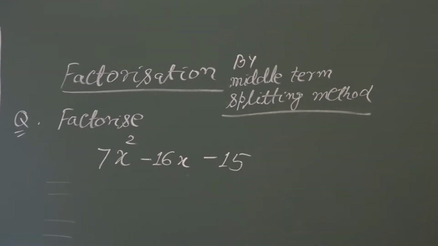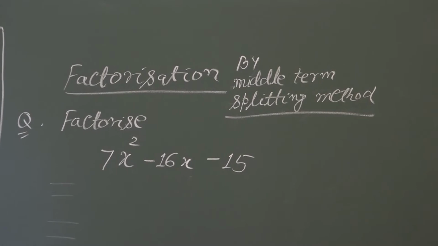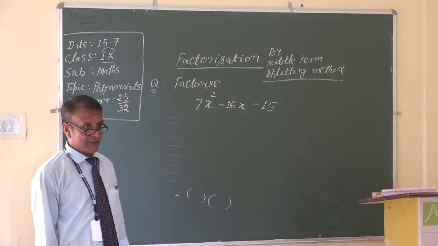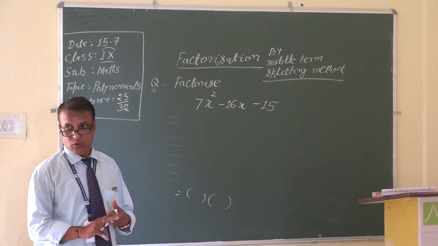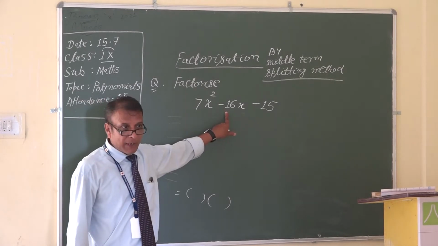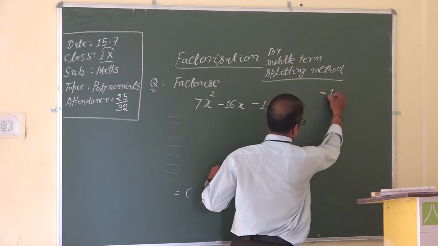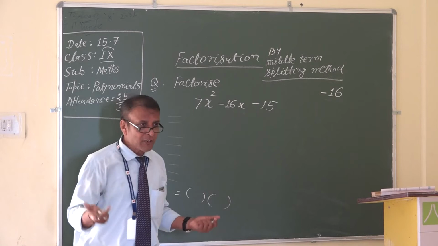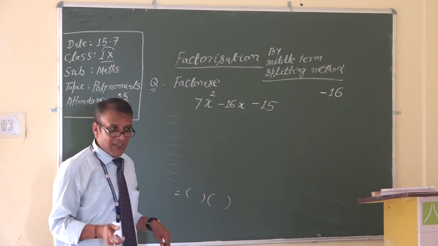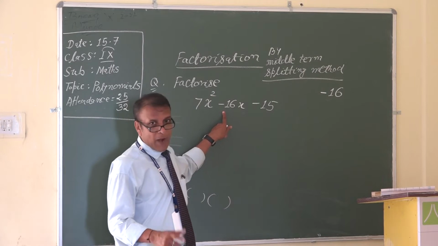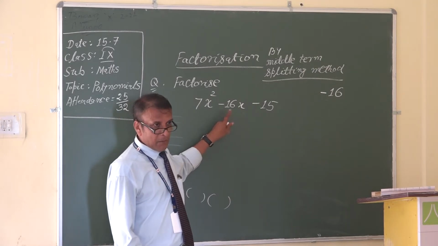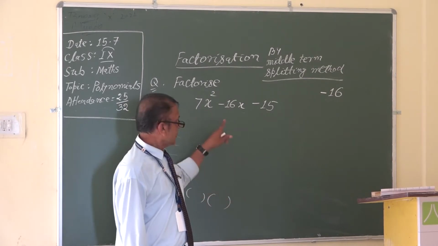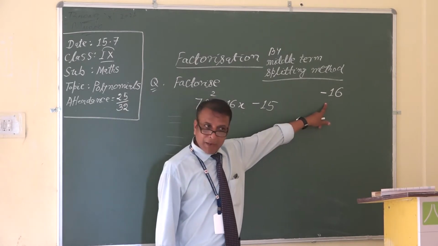Here, the middle term we will split into two parts such that when we add those two, that will give the middle one, that is minus 16. Forget about these variable terms, because here it is x square, somewhere it will be p, somewhere the variable will change. So here, I want to split this minus 16x into two terms. When I add those two terms, it will be minus 16.